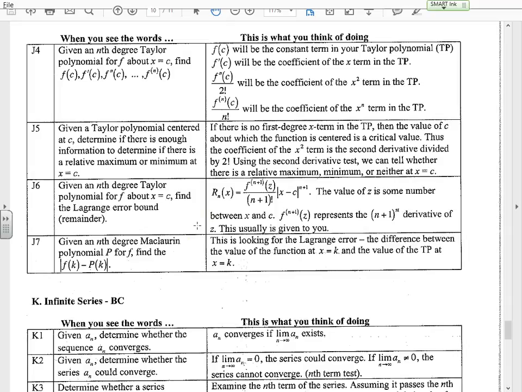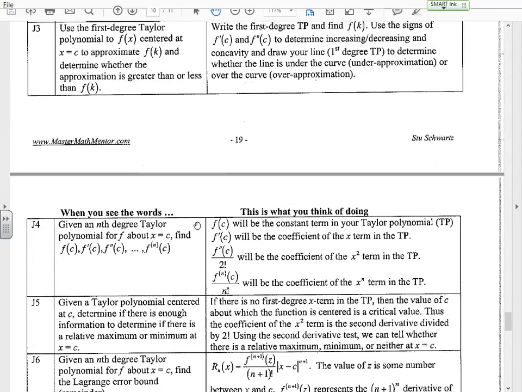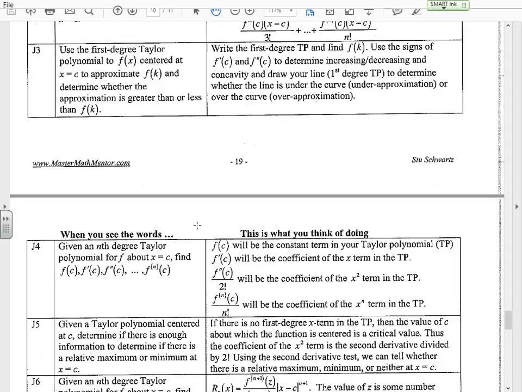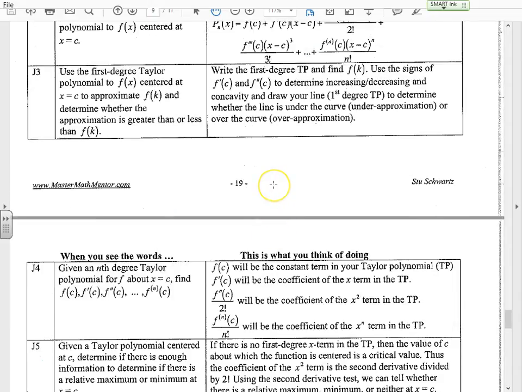Call it out if you have one. It's just on J3. I didn't really know how to write it, so I just put since the next term has an x squared, concavity makes the approximation an under approximation. Well, it depends on the problem. It says determine whether it's over or under, greater or less.